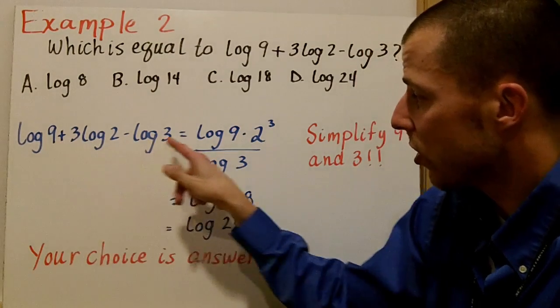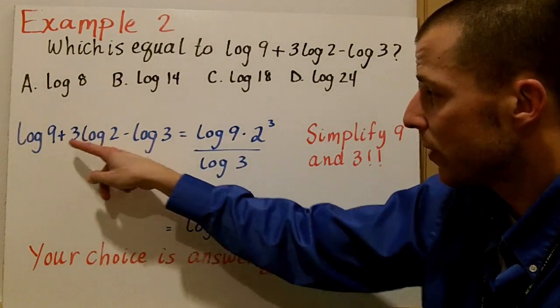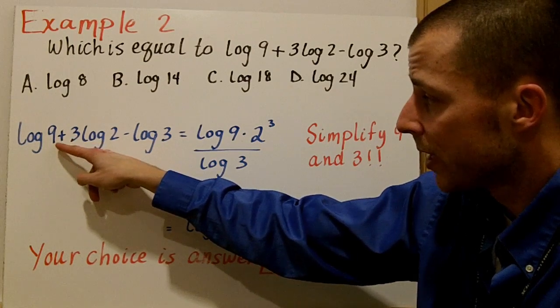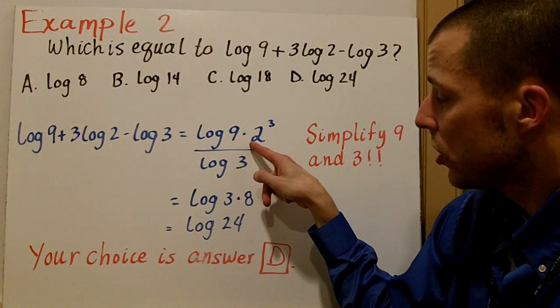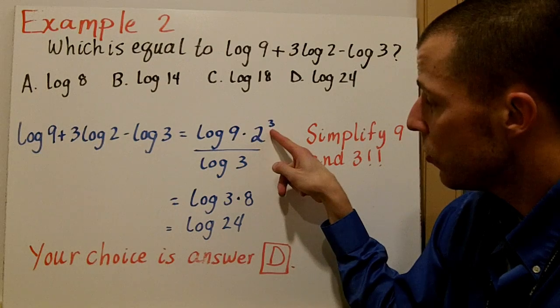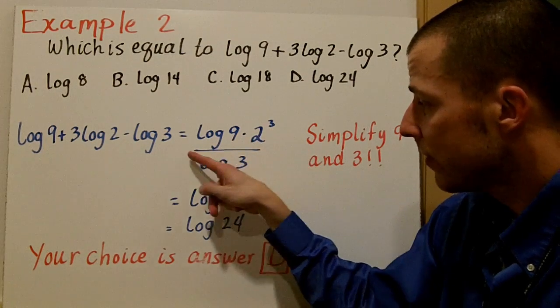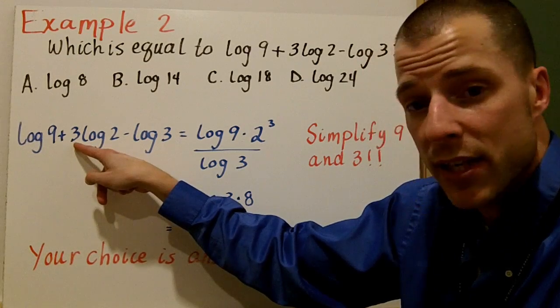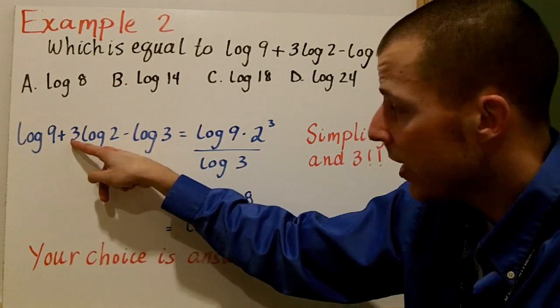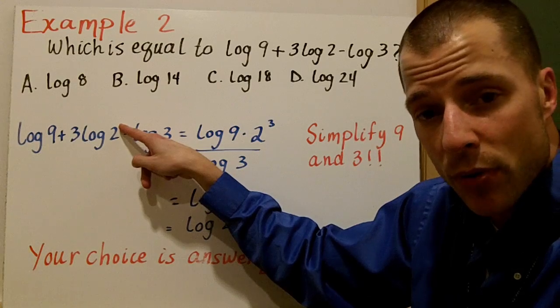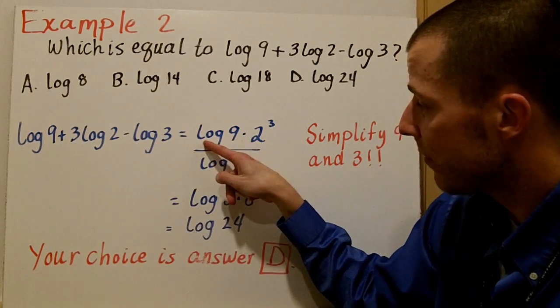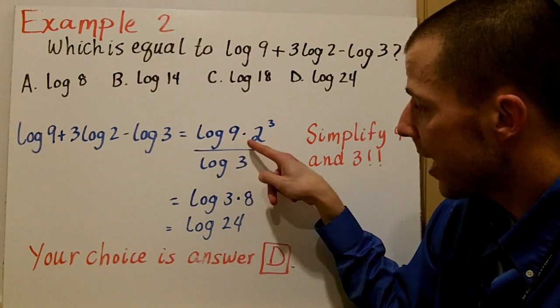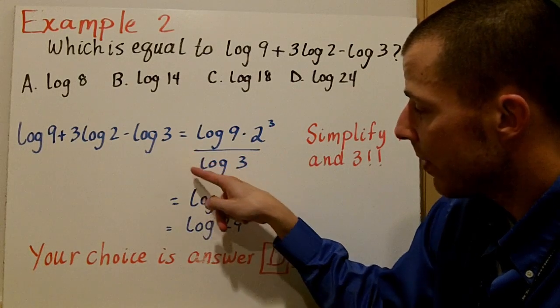And so you see this log 9 times 2 to the 3rd power divided by 3. So you have the multiplication because of the addition, and that 3 is going to go to the exponent of 2. So that's why we have log of 9 times 2 cubed divided by 3.